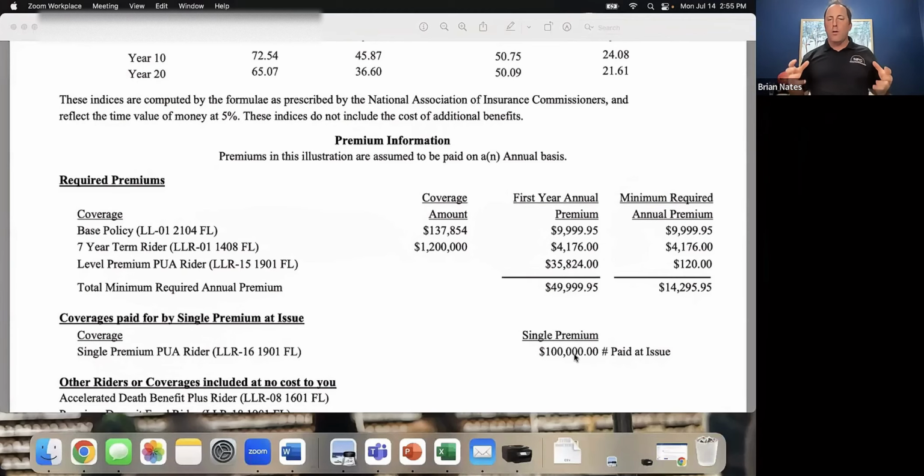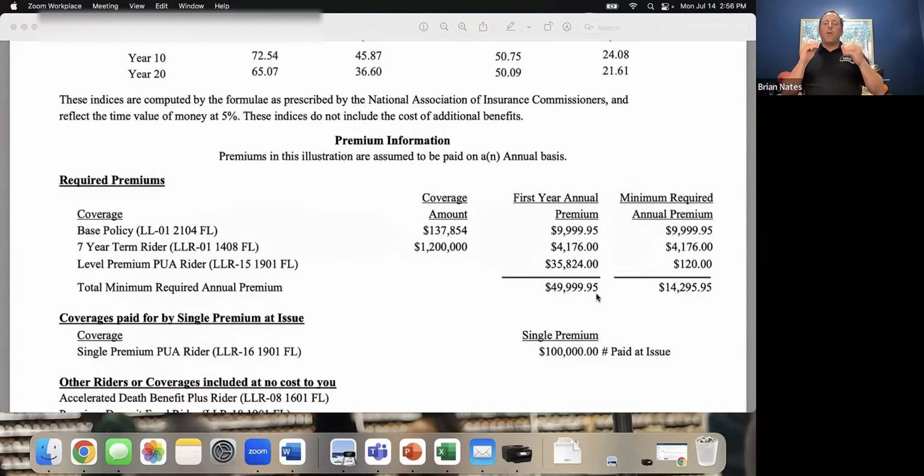At its very core, you need to understand what that all means. Just to break it down a little bit, 10 grand of it every year is going to the base policy. 4,000 of it is going to the term rider, which is only for 7 years. And then a lot of it is going to the paid up additions rider.